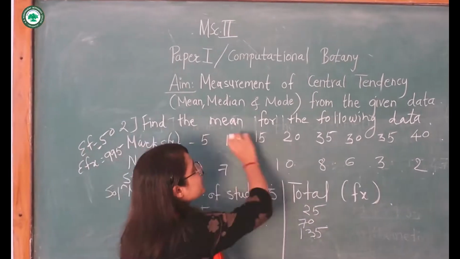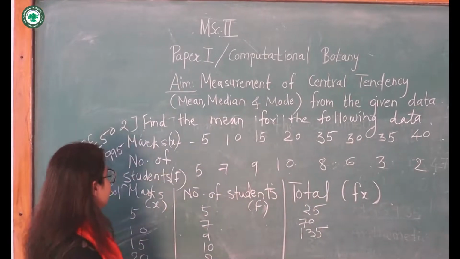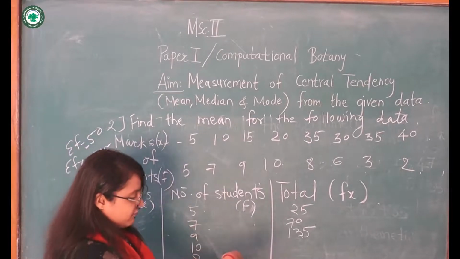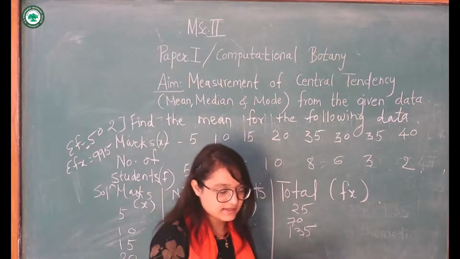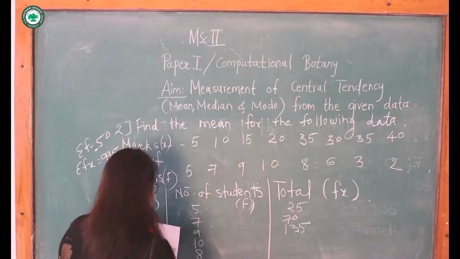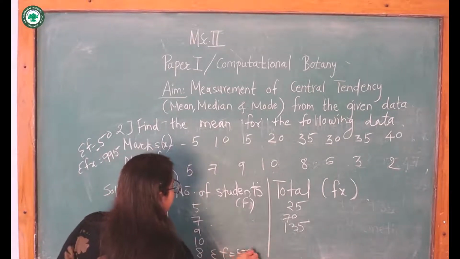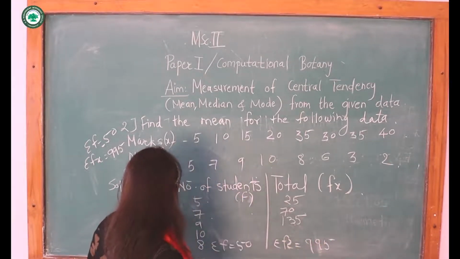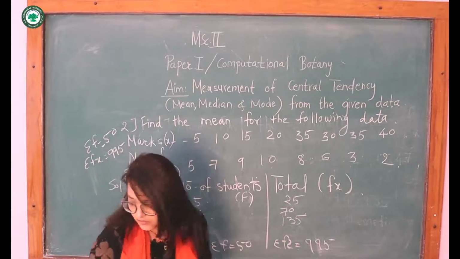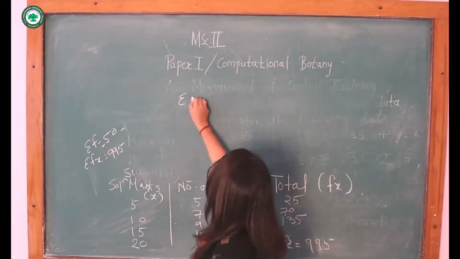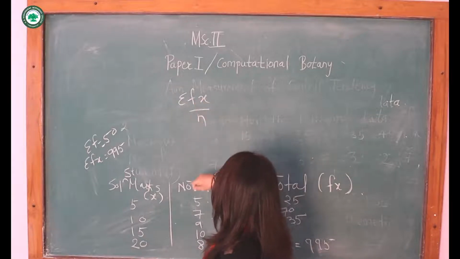You just have to add the data. Next step is to write the formula and calculate. The formula for the mean is summation fx upon n.